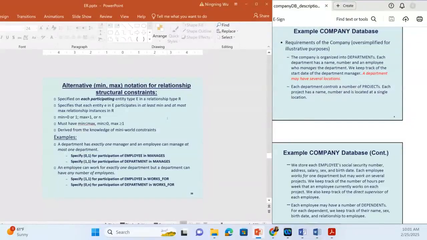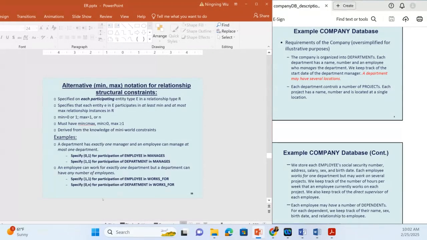So there are only 2 ways for you to represent the relationship constraints: either using minimum maximum notation, and that's enough, or using cardinality ratios plus participation constraints. Together, cardinality ratio and participation constraint can also be used to describe relationship constraints.